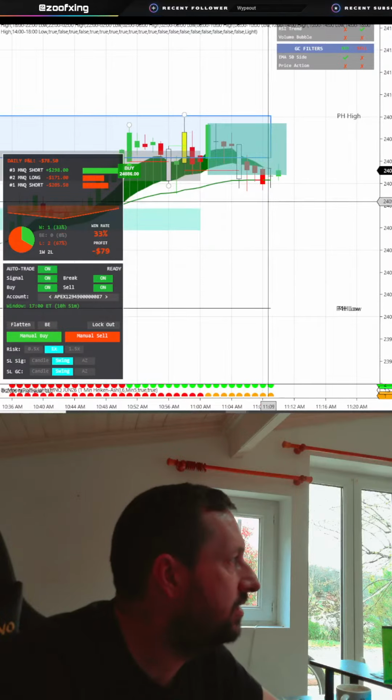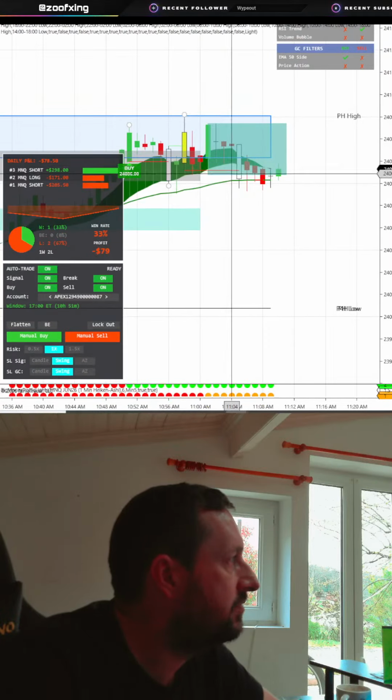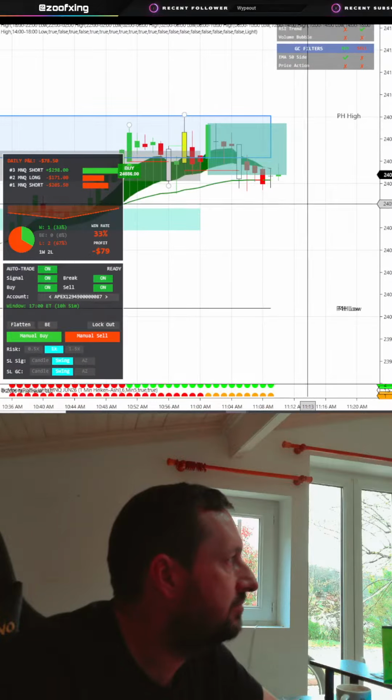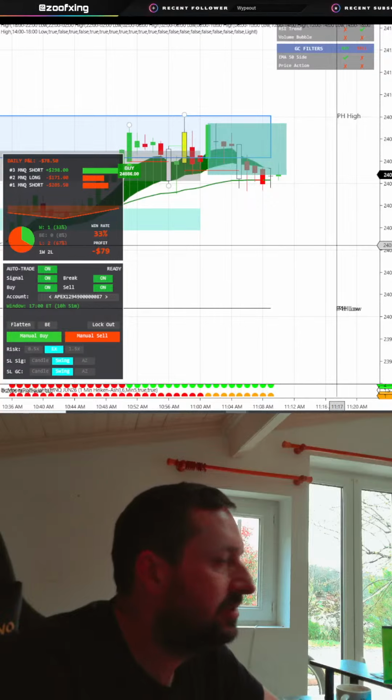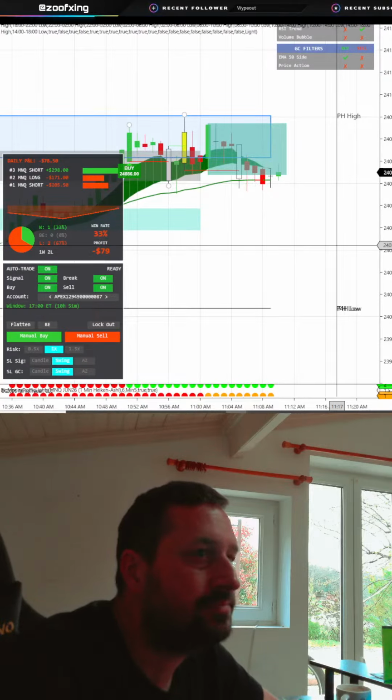But we will see. We're holding the 50 at the moment, some rejections from the 50, but we are sandwiched between a level of resistance. So we'll just have to see.